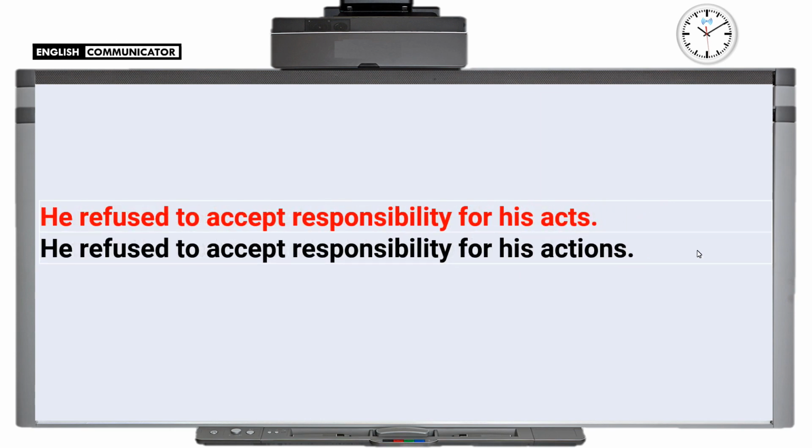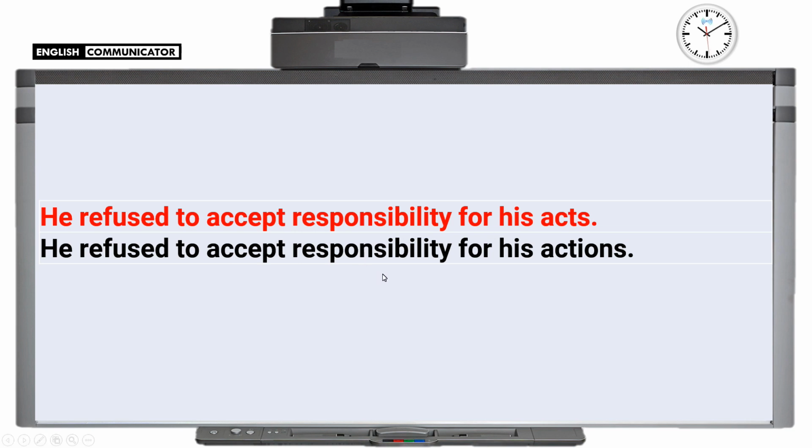"He refused to accept responsibility for his acts." It's wrong. Why? He refused to accept responsibility for his action. Why do you use action, not acts? Action is something you have done. If you steal something, if you make something difficult, if you have a car accident, that is your action.